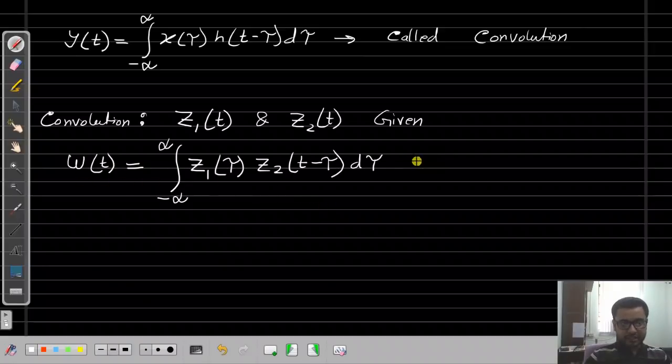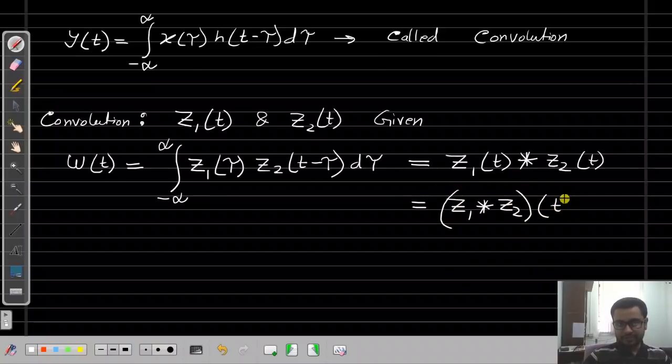This new function is called the convolution of these two functions, and it is often denoted with this symbol z1 of t star z2 of t. So this is the symbol for convolution. We may also write it in this way sometimes, z1 star z2, and that is a function of time.